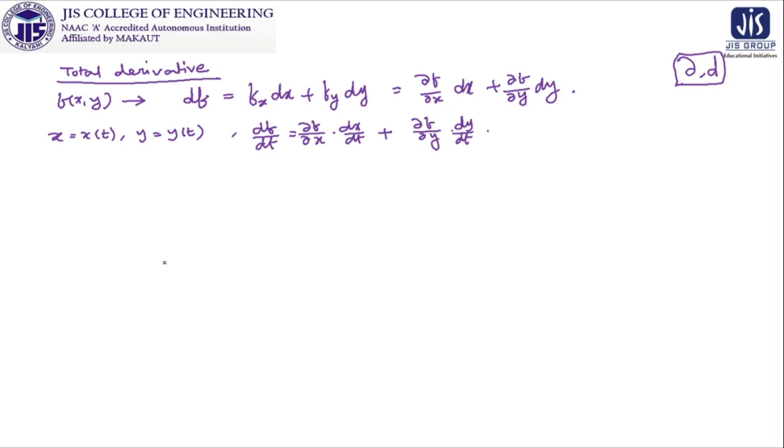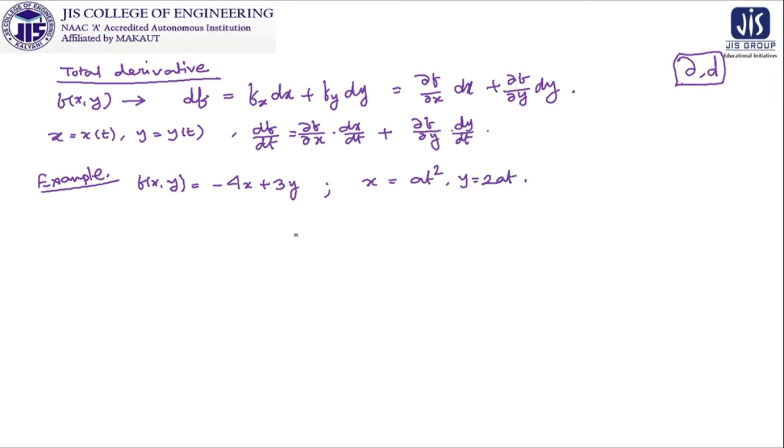Okay, so let us do an example on this discussion. Suppose we have a problem where f(x,y) is equal to minus 4x plus 3y. So it is a function of several variables x and y, but it is also given that x is equal to at square and y is equal to 2at.